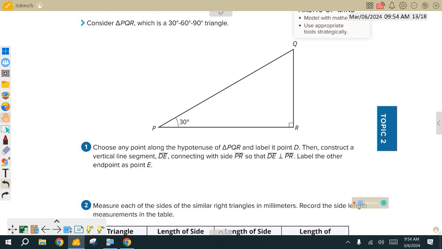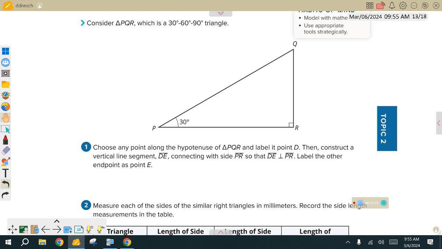With the triangle I'm working with here, I want you to measure out the short legs and the hypotenuses. Short legs and hypotenuses on this one.